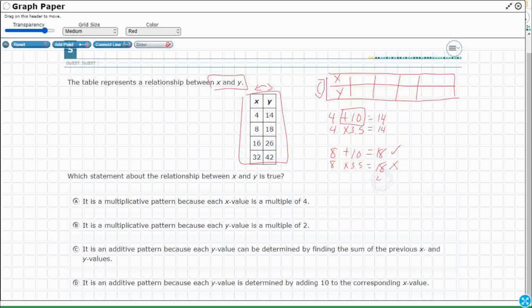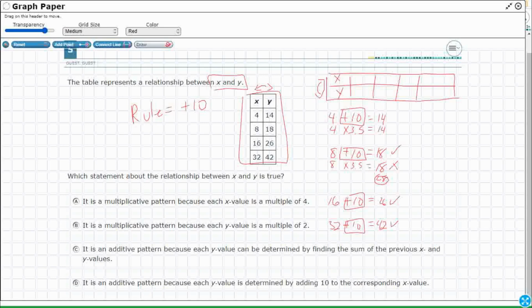So, okay, it looks like I've got a plus 10. So let's just carry that down. 16 plus 10 equals 26. Yeah, looks good. And then 32 plus 10 equals 42. Yeah, all right. So we have our rule. So our rule, if we want to write it that way, is plus 10.